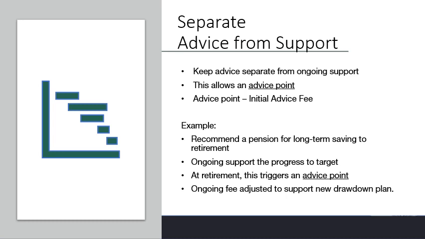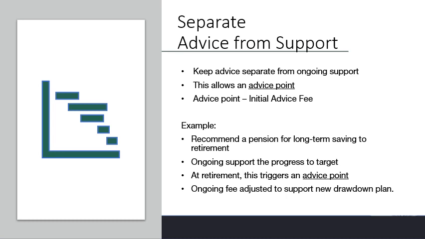Now, you may therefore compare all the possibilities, look at the marketplace, and make a firm recommendation what that client should do with their pension pot. Maybe they'll go into drawdown. Once that's done and you've charged a second advice fee, because an advice point equals an initial advice fee, you can then charge a very different and adjusted ongoing support fee to monitor their new drawdown plan.